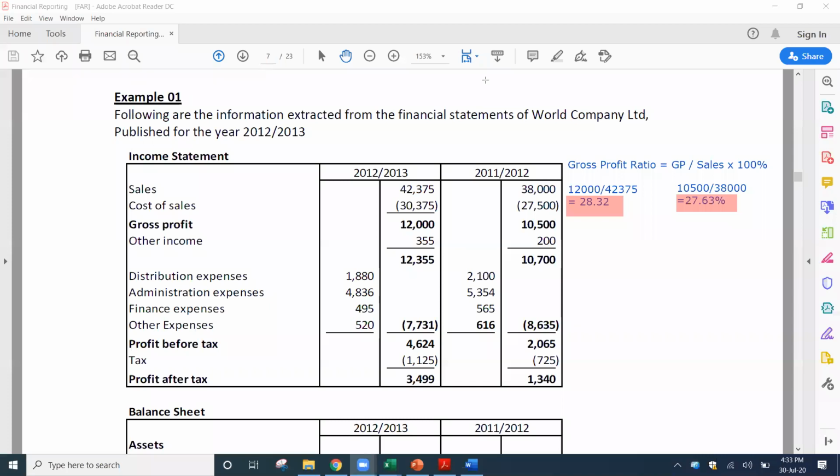I'm looking for answers. What can you tell about the gross profit margin?